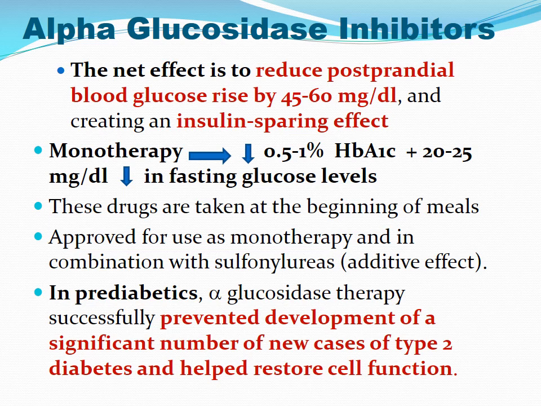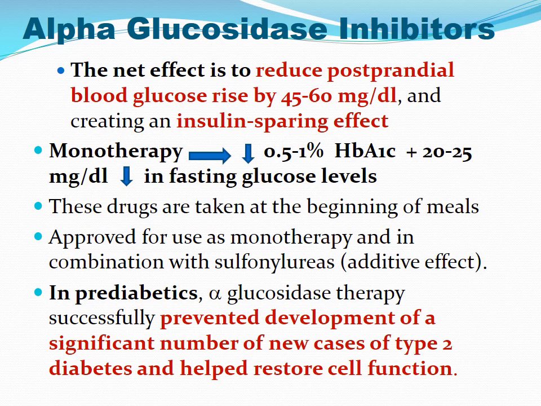The net effect is to reduce the postprandial blood glucose level by 45 to 60 milligrams per deciliter and create an insulin-sparing effect. So these drugs, by reducing the absorption and digestion of carbohydrate in the GIT, reduce postprandial glucose rise by 45 to 60 milligrams per deciliter and therefore reduce the need for insulin.